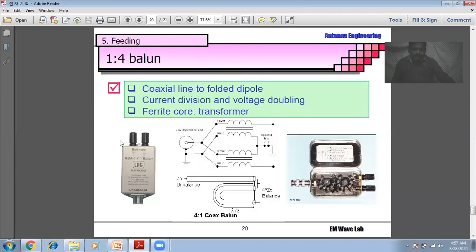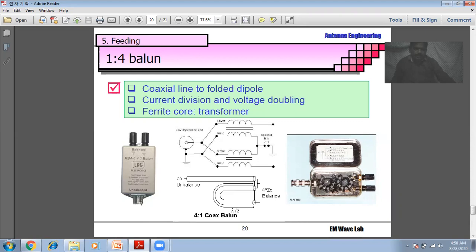This is called a balun, a balanced to unbalanced transmission line. Physically, the balun can be seen like this. These two ends are connected to the half-wave dipole at the center, and on this side we connect a coaxial cable.